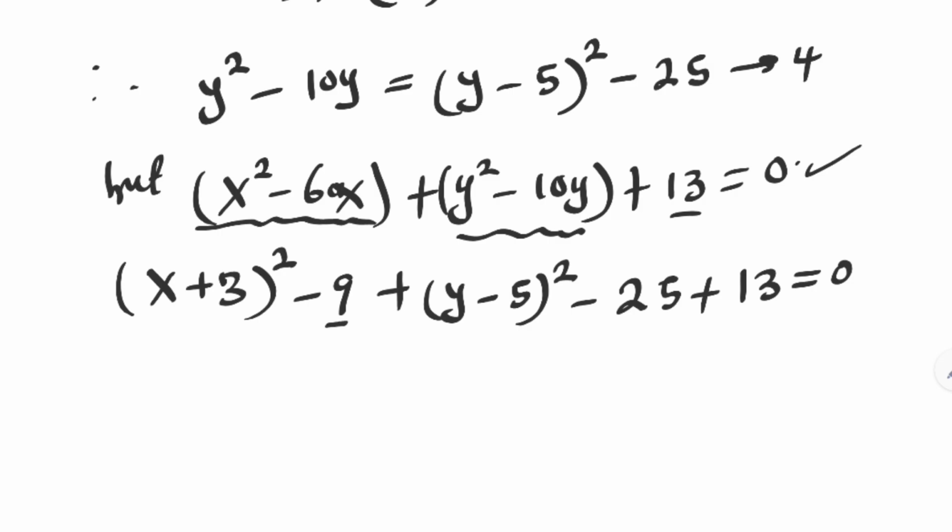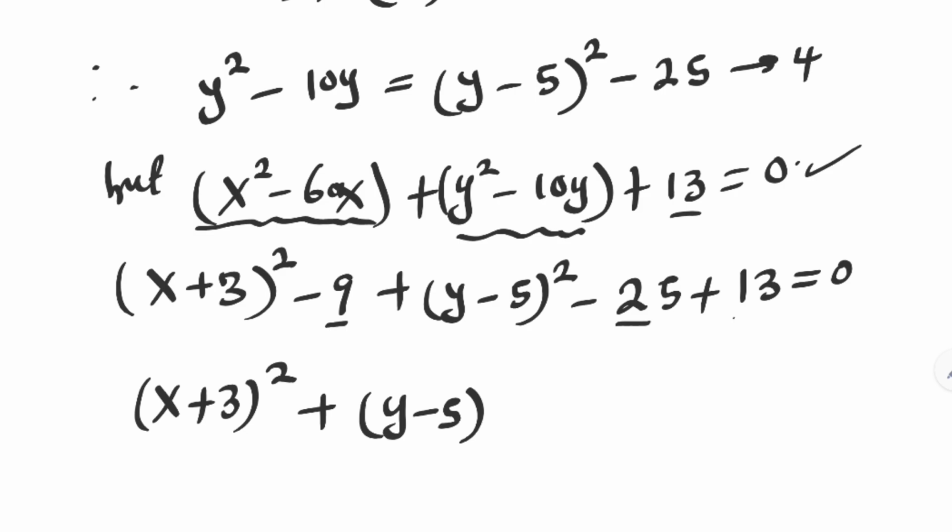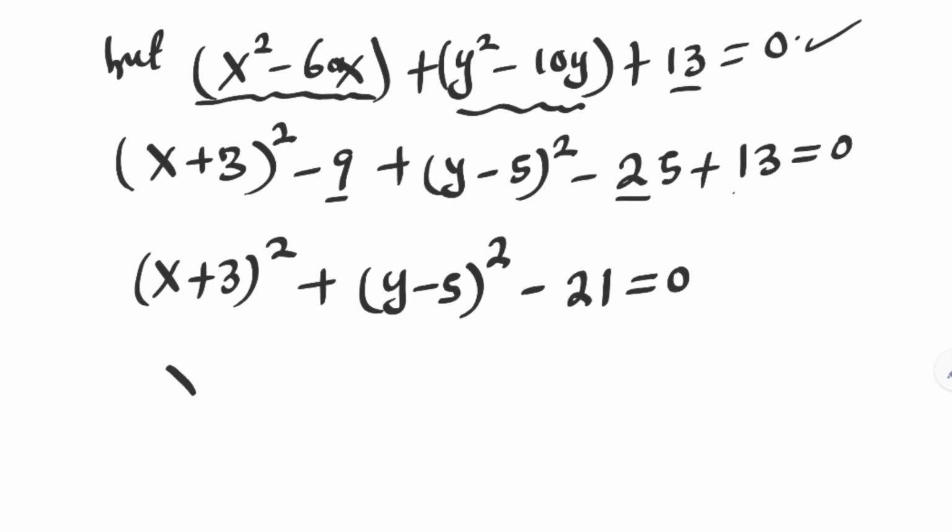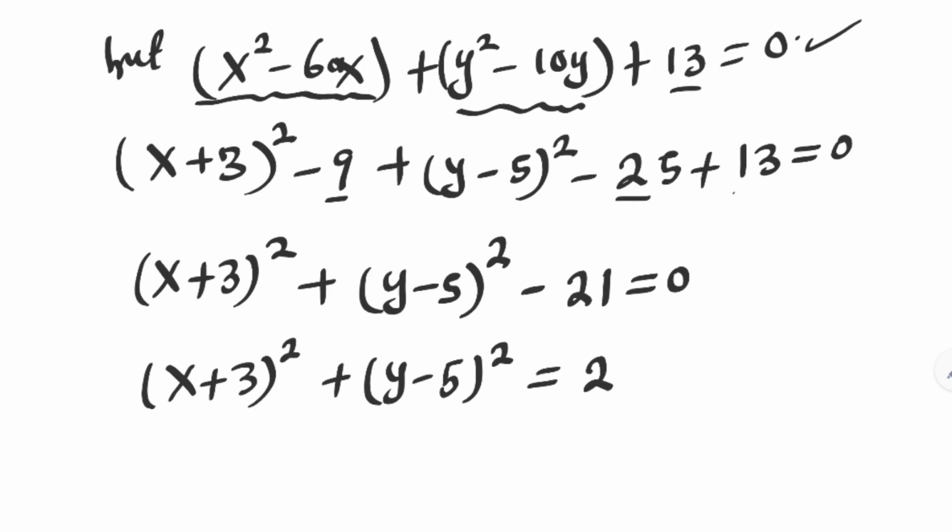Then minus 9 minus 25 plus 13 will give you minus 21. And we have (x plus 3) all squared plus (y minus 5) all squared minus 21 is equal to 0. (x plus 3) all squared plus (y minus 5) all squared is equal to 21. Let us call this equation 5.